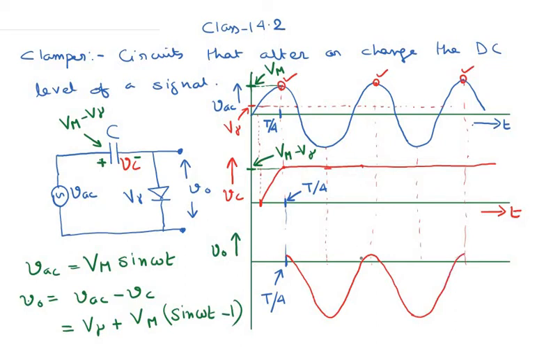This tiny offset here is basically V gamma. Let me draw this straight line to indicate V gamma in this graph. So this tiny offset over here is V gamma.